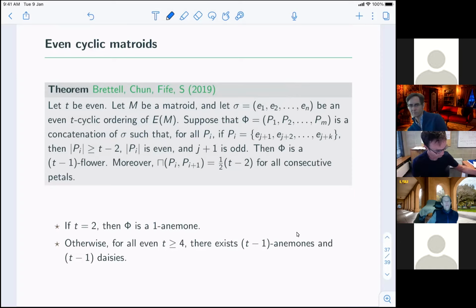I don't know of any with none. I suspect if you thought hard enough about the small ones, you might get none of them, but that's not something I have experienced. Okay. The base cases for these ST-cyclic ones arise from uniform matroids. Right.